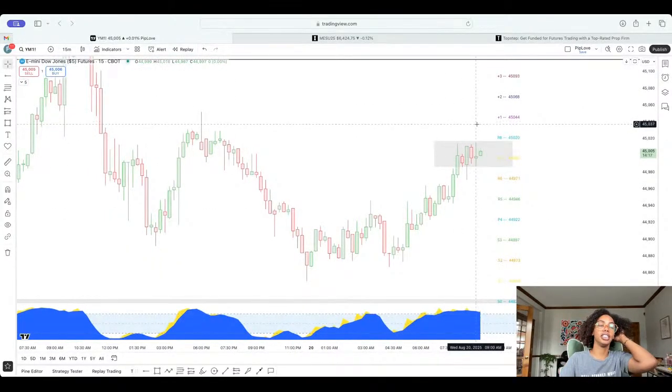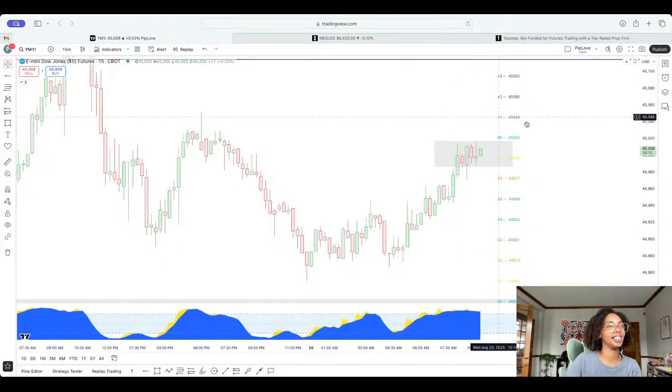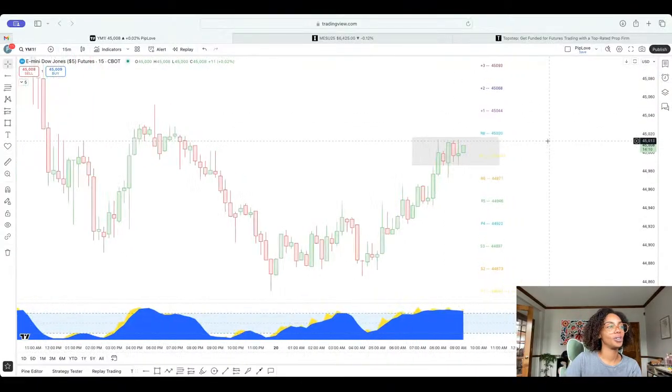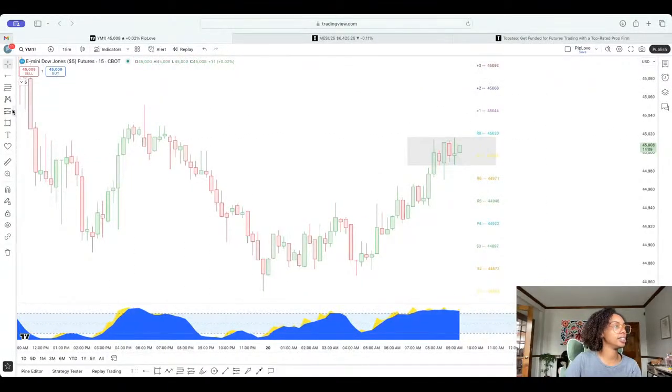It's 9:15. So remember, New York Open, all those orders coming in, it gets kind of crazy. But let's just say we're near this R8 level on the 15-minute. We're oversold.